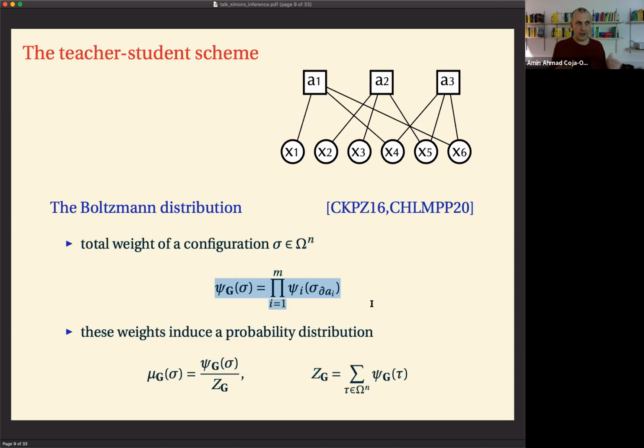And this total weight then naturally defines a probability distribution where we say the probability that a specific configuration comes up is proportional to its overall weight. And there's a normalization required, of course, and this normalization quantity is what we call the partition function.